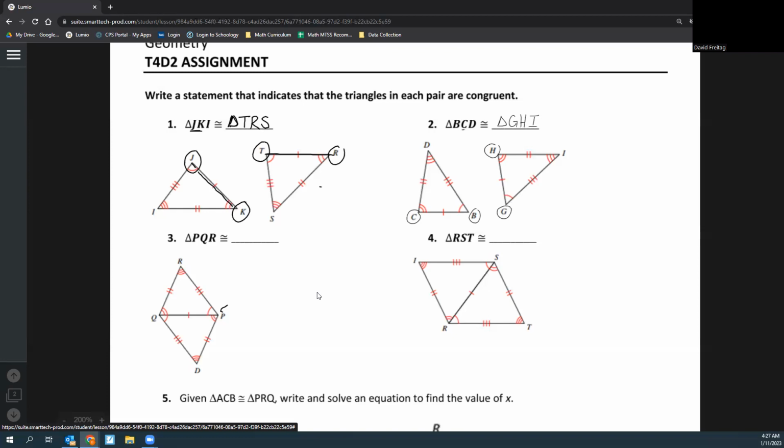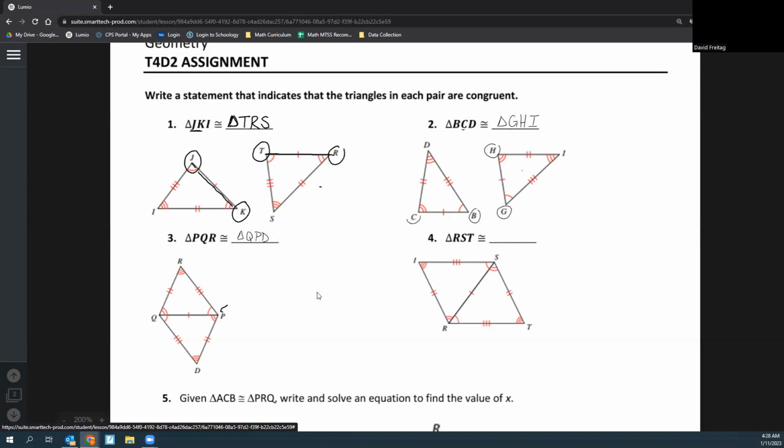Try the next 2 for yourself. Okay, so on this one should be Q, P, D. Okay, there's 2 Q's here.